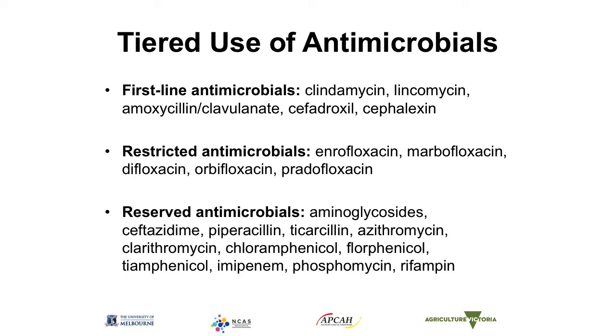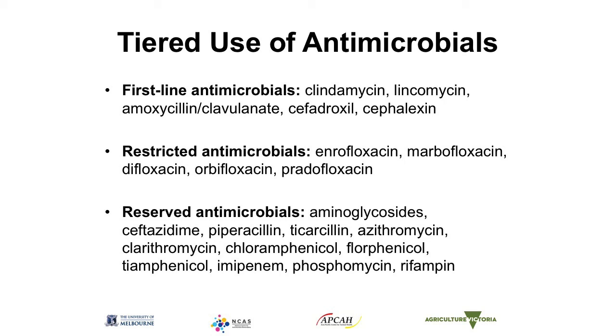Antimicrobial use is best considered using a tiered usage pattern. This usage pattern should consider having at least 3 tiers. A first-line group of antimicrobials which are used in situations that are commonly encountered. And secondly, a restricted group of antimicrobials that are only used in particular situations when their usage is particularly indicated by that particular situation.